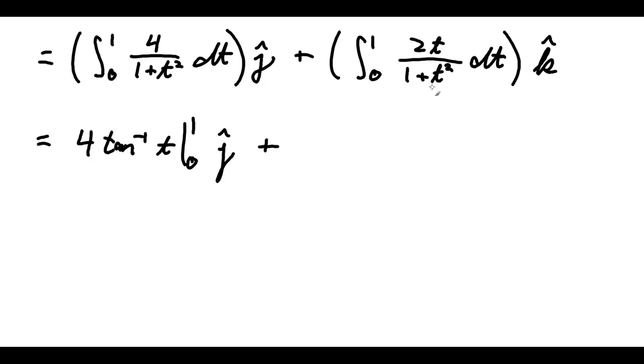So we have something of the form 1 over u that we're integrating. So that would give us the natural log of the absolute value of 1 plus t squared. And that is being evaluated from 0 to 1 also, times k.